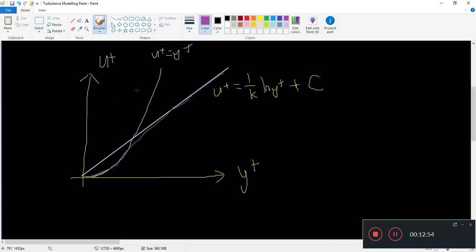Of course, this is a log plot, so this isn't linearly plotted, but this is the general shape of the curve.